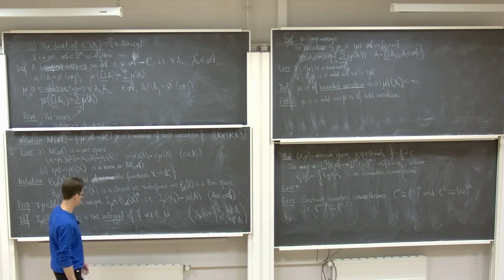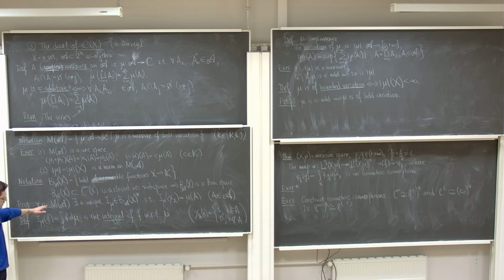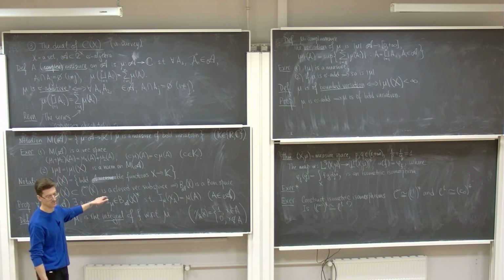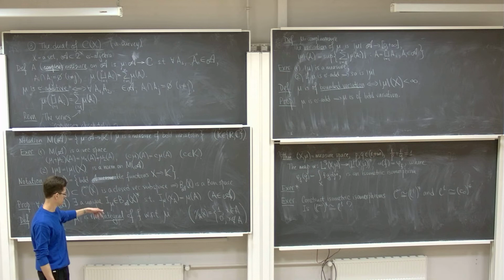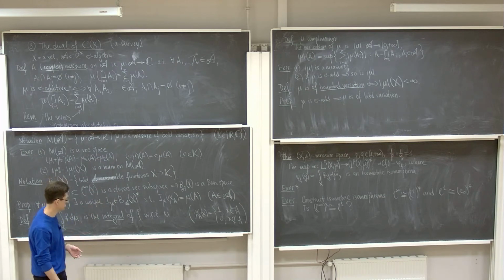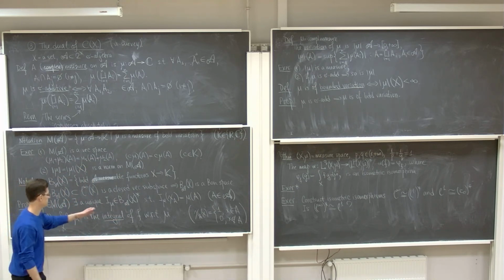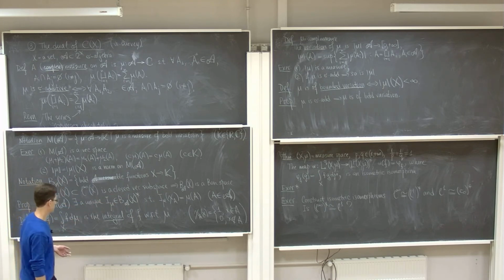Then, by using the assumption that mu is a measure of bounded variation, we can easily show that this functional defined on simple functions is bounded. Since the space of simple functions is uniformly dense in B of x, we just extend this functional by continuity to B of x, and we get what we need.